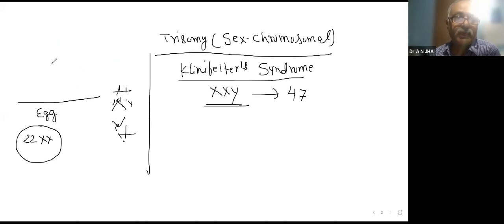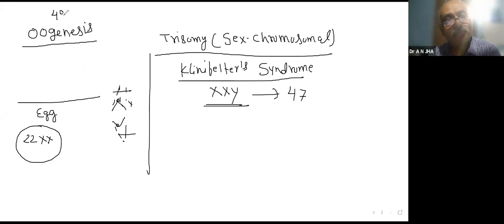So during egg formation, which is technically called oogenesis, if you are interested you can check page number 49 of the 12th class, but they have not explained this one. You can just check the process of oogenesis there.